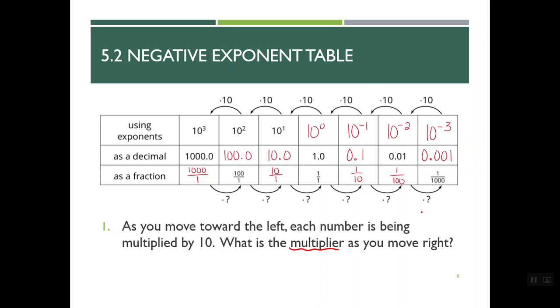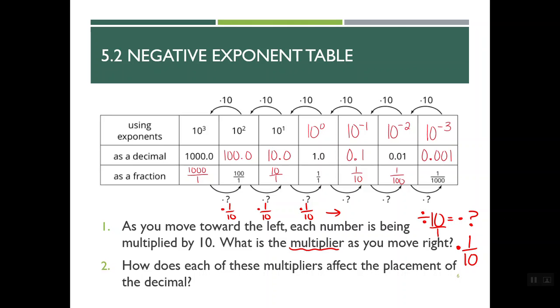So if we're dividing by 10, that's the same as multiplying by what? Well, remember that dividing by a number is the same as multiplying by the reciprocal. So if we take the reciprocal of 10, the multiplier here is we're multiplying by 1/10. That's what happens as you move to the right. Multiplying by 1/10. And then that pattern continues.